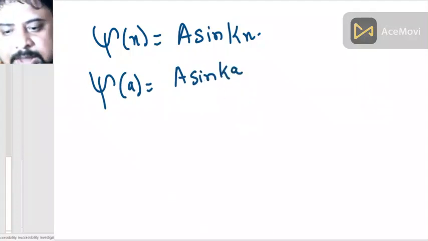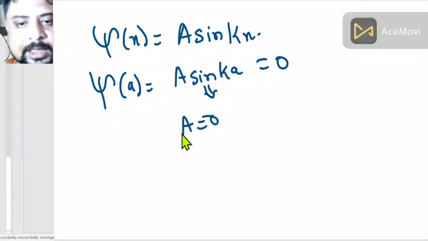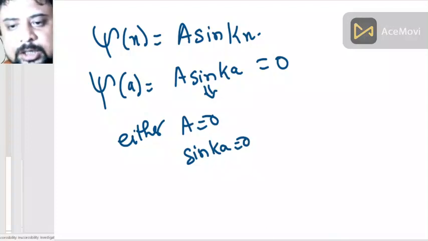So we will apply the other conditions also, the continuity conditions. First let us check this. So psi x is a sin kx. Now what will be psi a? It is a sin ka, and this should be equal to 0.